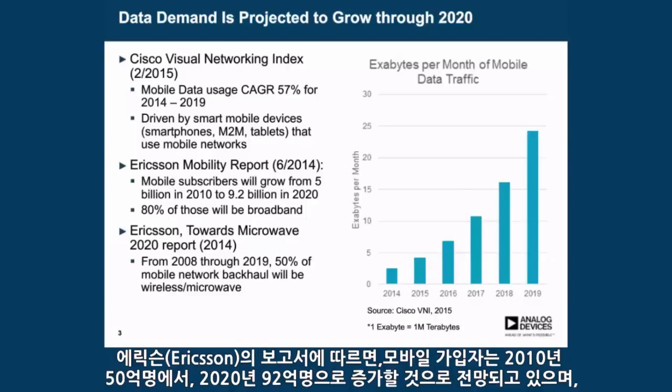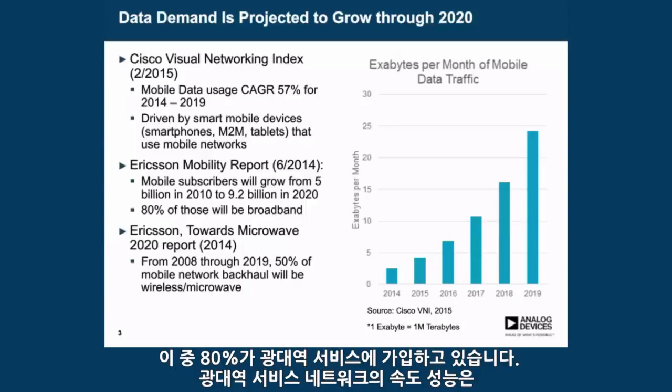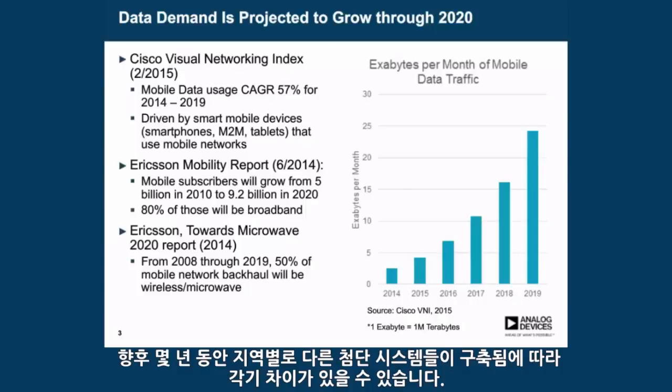In a report from Ericsson, mobile subscribers are expected to grow from 5 billion in 2010 to 9.2 billion in 2020, with 80% of those subscriptions being broadband capable. The network speed capabilities of these broadband subscriptions will vary regionally depending on the deployment of more advanced systems over the next few years in different parts of the world.